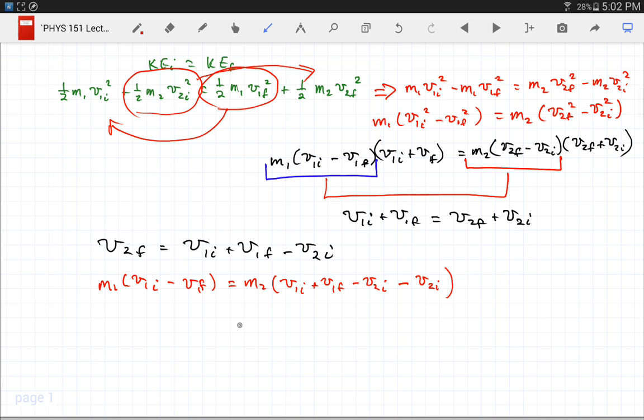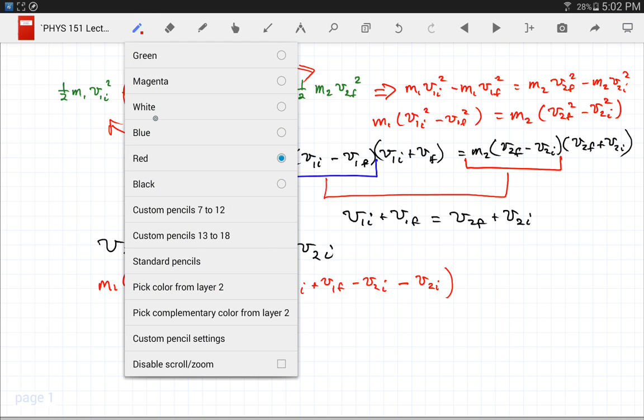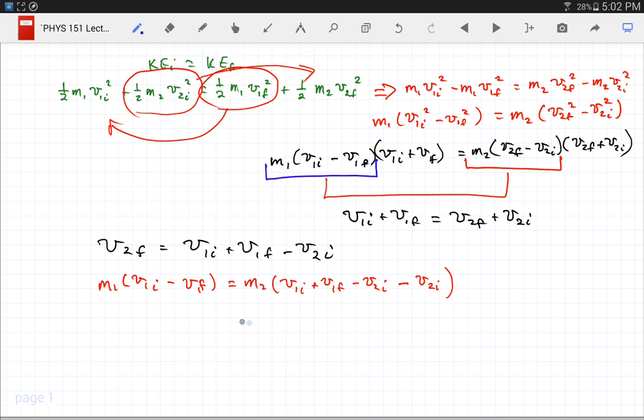Simplifying the right side, I have this. Now I want to find V1 final. I have V1 final on both sides. So I will have to multiply my m's through and then bring the V1 finals over to the right side and move everything else to the left side.